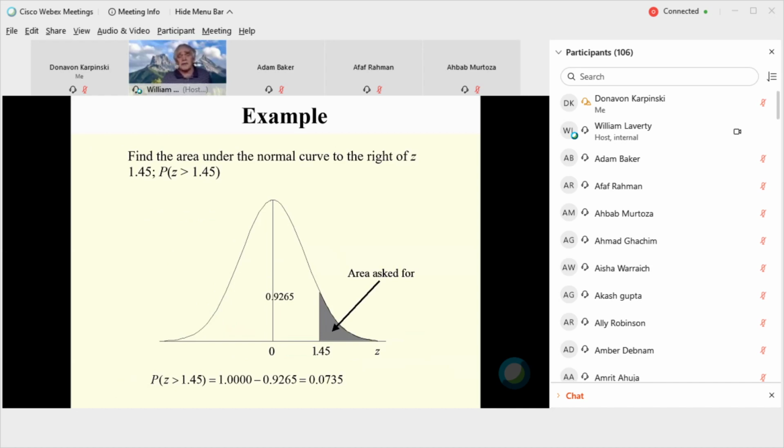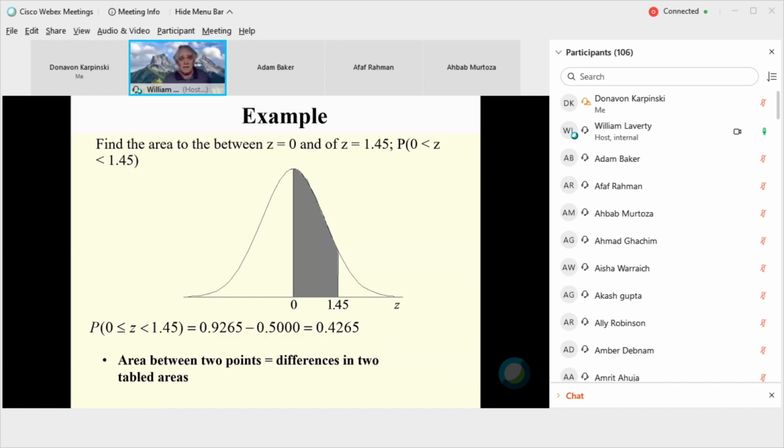You can compute other areas quite easily. Suppose I wanted the area above 1.45. The shaded area is here, but the tabled area gives you the area below. So you can always compute that because it'll be 1 minus that tabled area. 0.0735 is the shaded area.